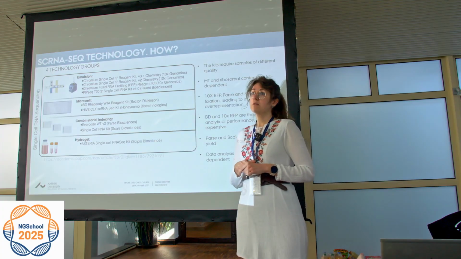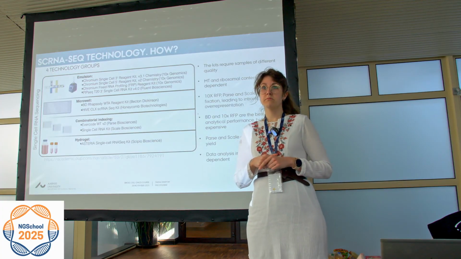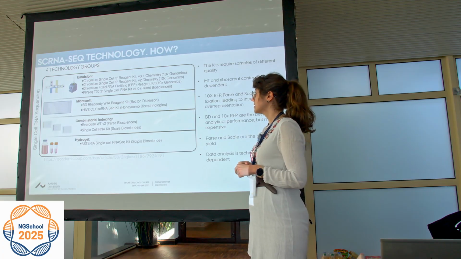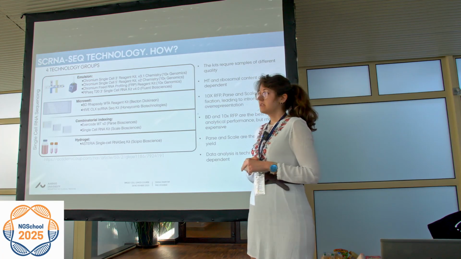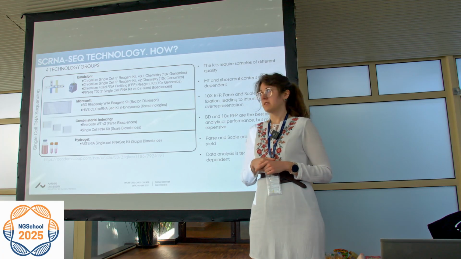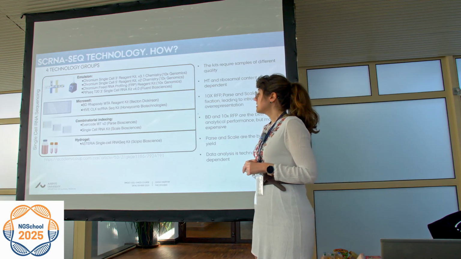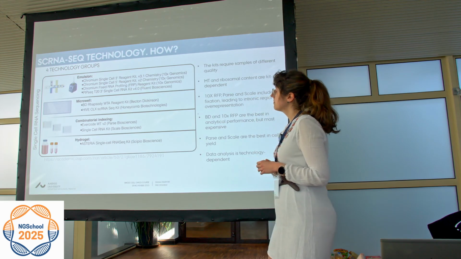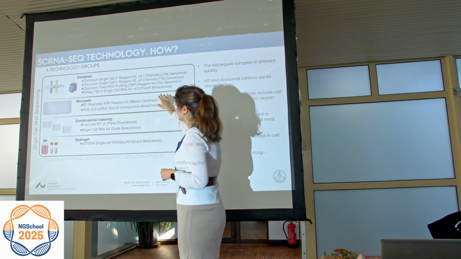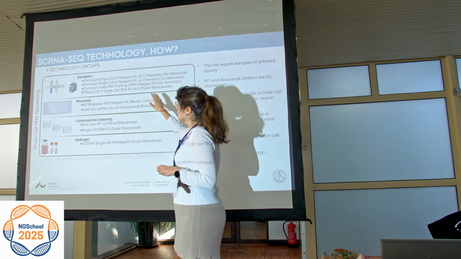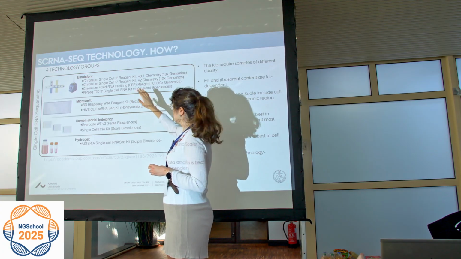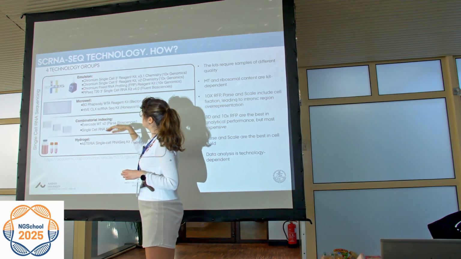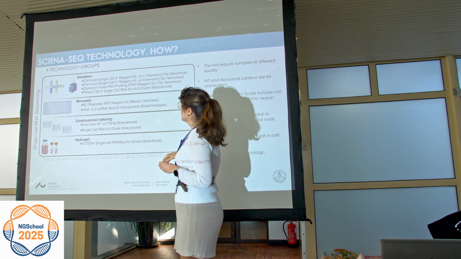Currently, there are 4 technologies to address single-cell and single-nuclear RNA sequencing. So basically, they're divided into 4 technology groups. The most common is the emulsion-based technique. That's 10x, and this one, PIP-seq, is not really used.